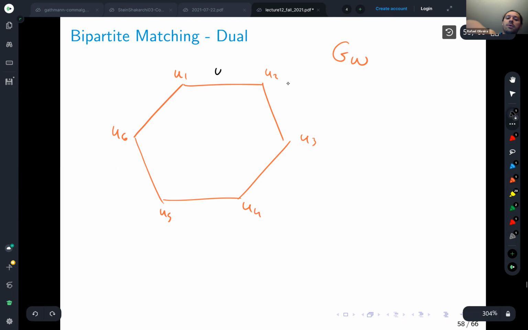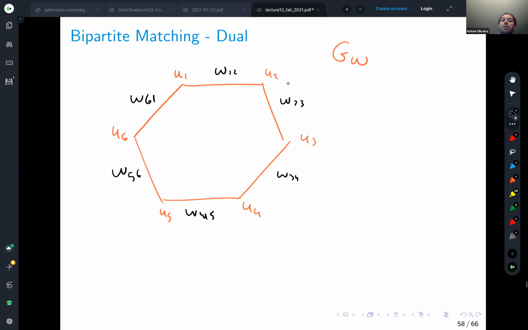I will have weight w12, weight w23, weight w34, weight w45, weight w56, weight w61. But remember, if an edge is included, it means that x of this edge is different from 0.